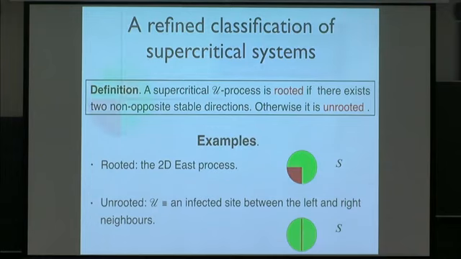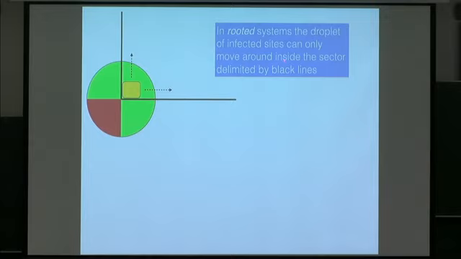The main difference between rooted and unrooted is the following. In rooted systems, I just draw the picture for the East model as reference, if you have an initial droplet of infected vertices, which is this yellow one here, then this droplet can only move in this sector or cone delimited by the black line.